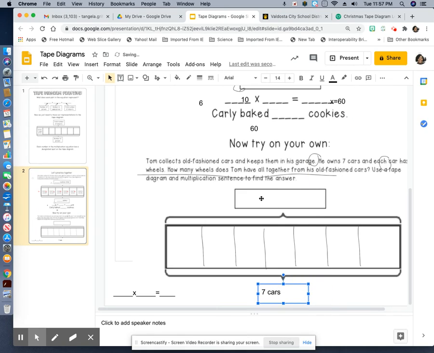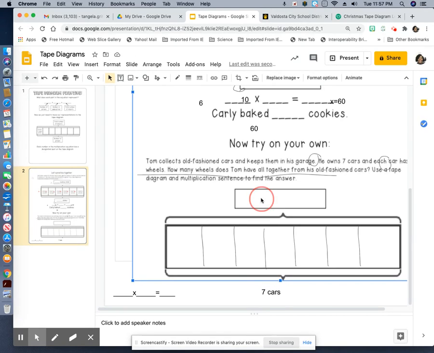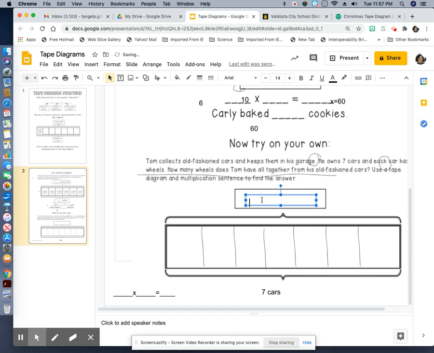And then the total, how many wheels would go up here in the box? Total number of wheels. We don't know that yet, but we know the number.